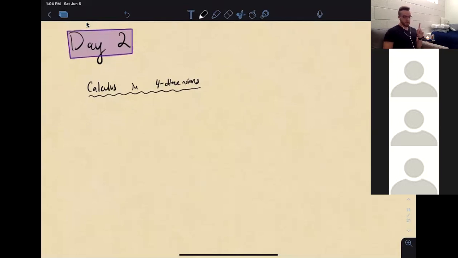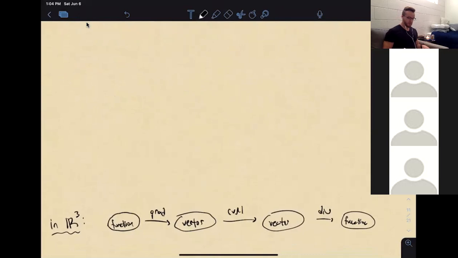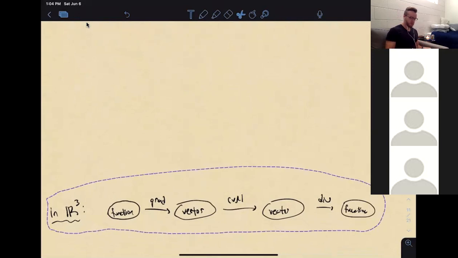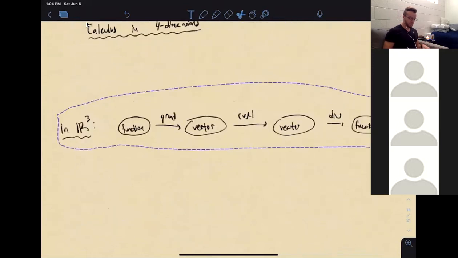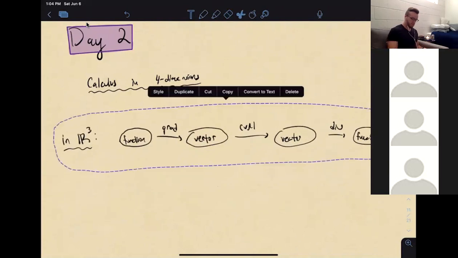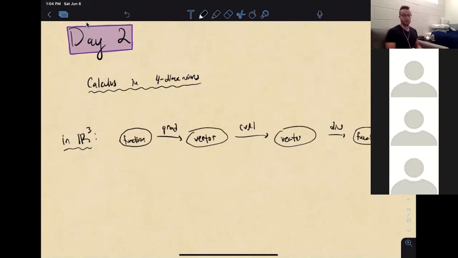So in 3 dimensions, what does the picture look like? This is the scenario that we're pros at, right? We have these operations: the gradient, the curl, and the divergence.